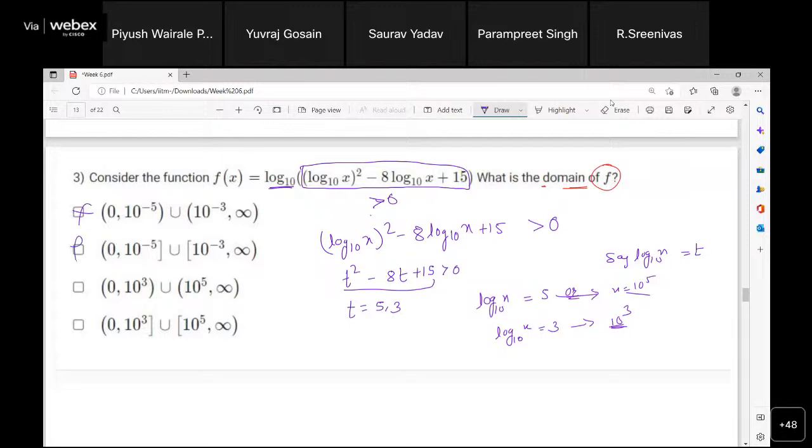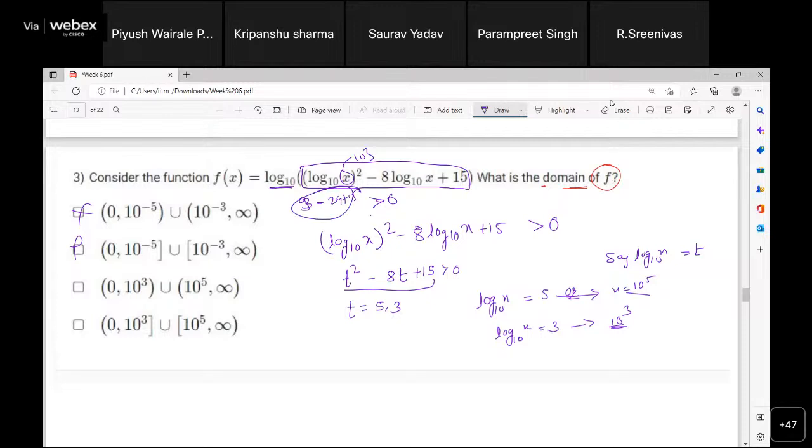Option C or D? Yes, C. Okay, so do we have to include the boundary points like 10 to the power 3 and 10 to the power 5? Just try putting in 10 to the power 3: 3 squared is 9, minus 24 plus 15.